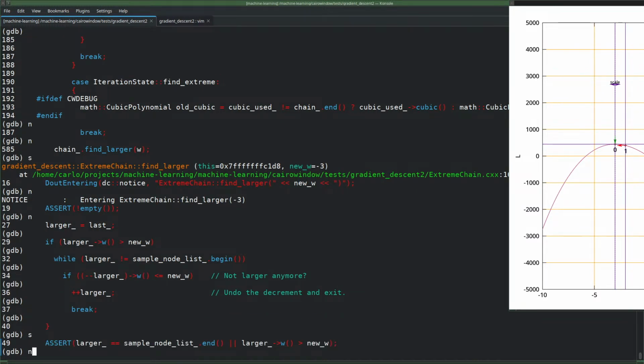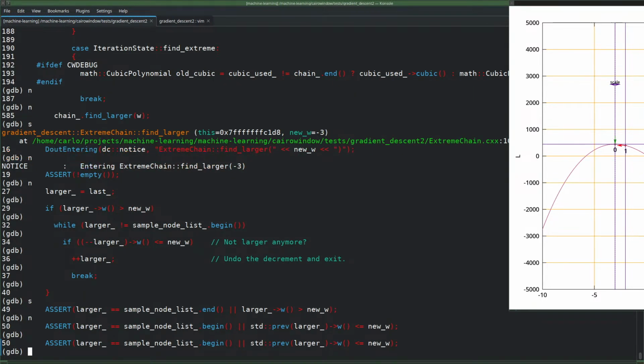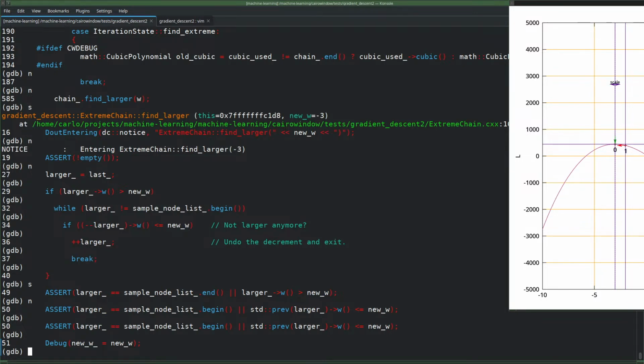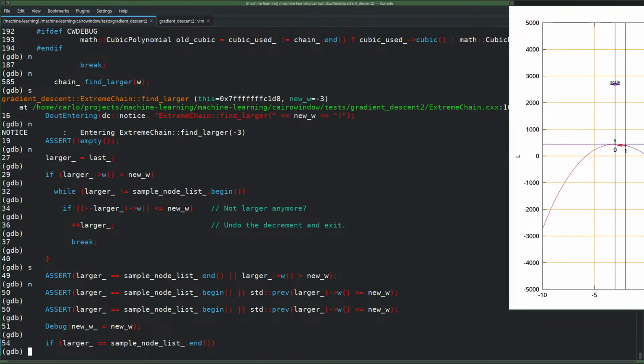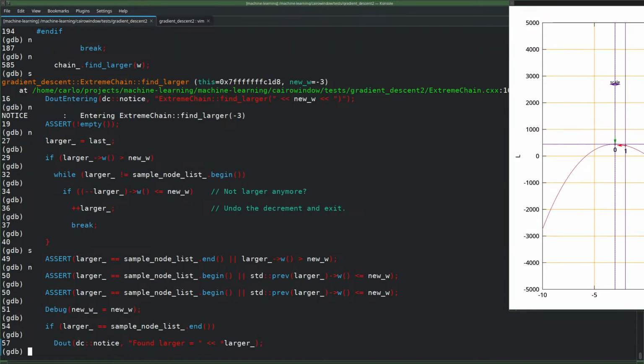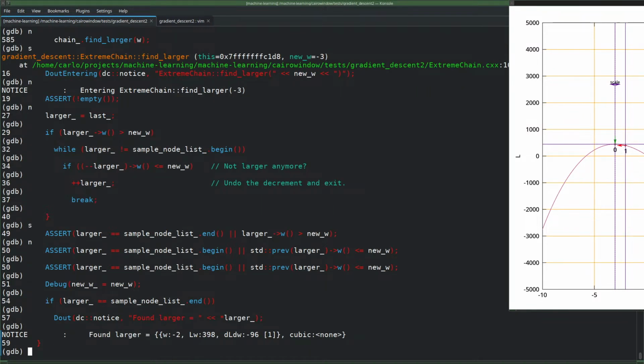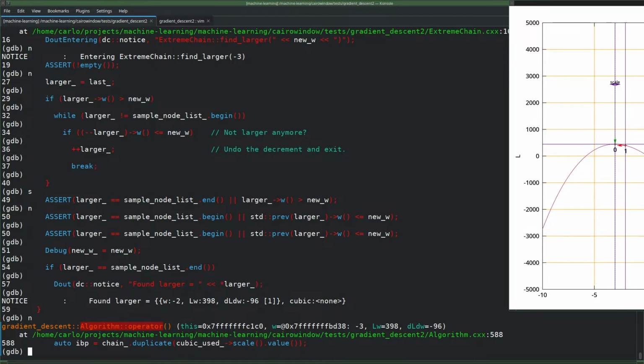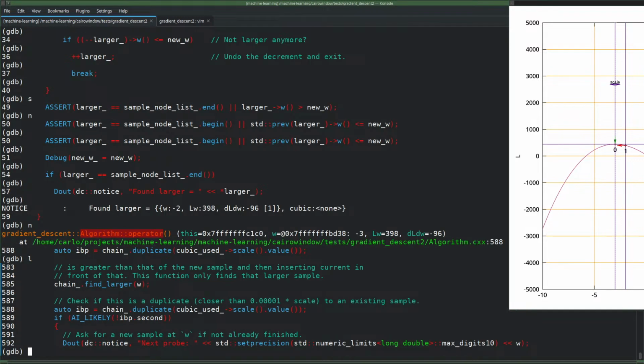So larger is now equal to 1. Label 1. Okay, this is where we find out if it is a duplicate, and it is a duplicate because we have one on 0.